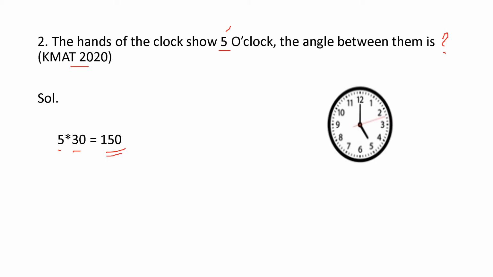If it is 3 o'clock instead of 5 o'clock, it means 3 into 30, and that is 90. If 2 o'clock, it means 2 into 30, that is 60. That's all.